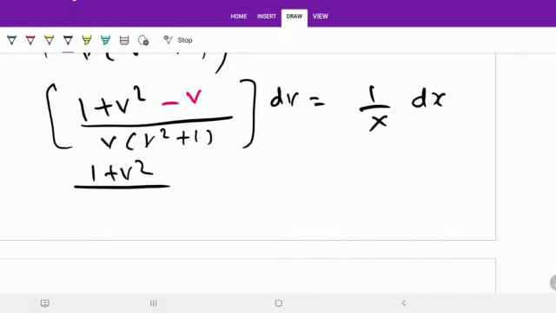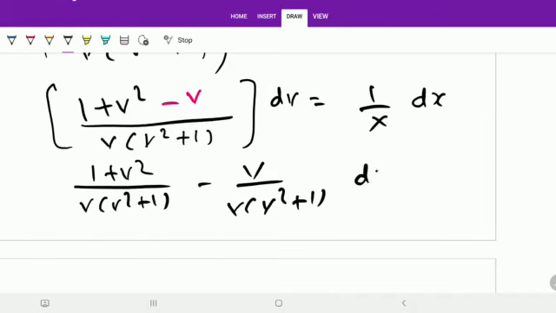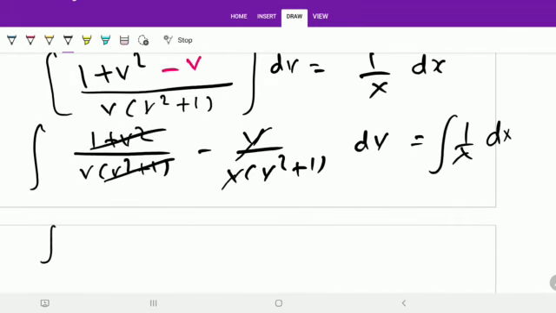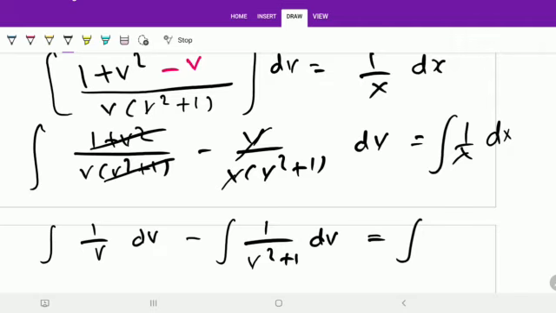So (1 plus v square) over (v square plus 1) minus v over (v square plus 1) dv, and we just need to integrate this part separately. Here v square plus 1 gets cancelled, v gets cancelled. Now we know the integration of 1 by v, which is log mod v. We have to integrate 1 by v square plus 1 also, and the integration of 1 by x dx.